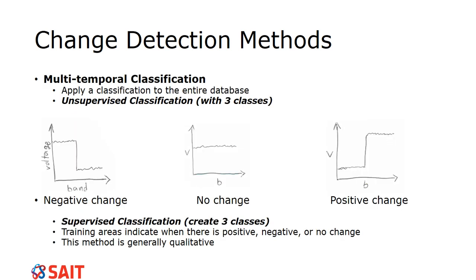Then, moving away from the numerical methods, we can look at classification methods. We have a multi-temporal classification, and this one's kind of unique. I have to make sure that both of my images are in the same database, and I'm going to classify that whole database. I'm just going to run an unsupervised classification using 3 classes. If I do unsupervised, I can do supervised as well.